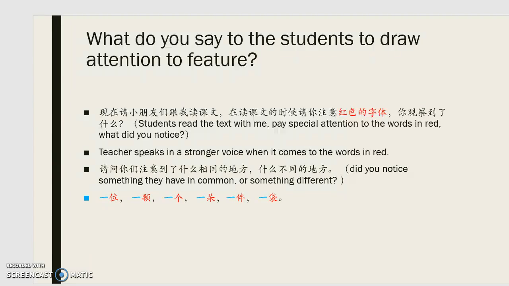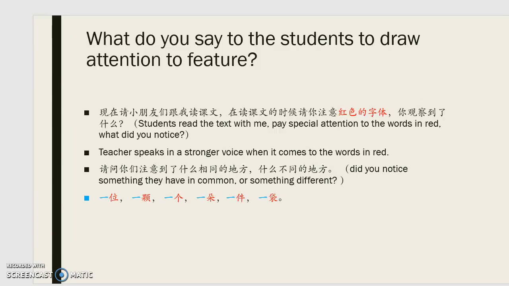In English, we also use measure words. Sometimes we say a cup of coffee, but we can also say a coffee. But in Chinese, it is obligatory to use measure words between the number and the object. And we use different measure words for different objects.